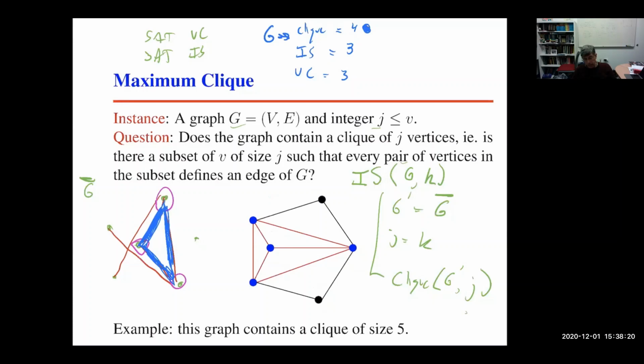The biggest independent set was this. Does everybody agree? And the smallest vertex cover, which I'm going to make orange, was this. Does everybody see that, in fact, the orange vertices form a vertex cover?